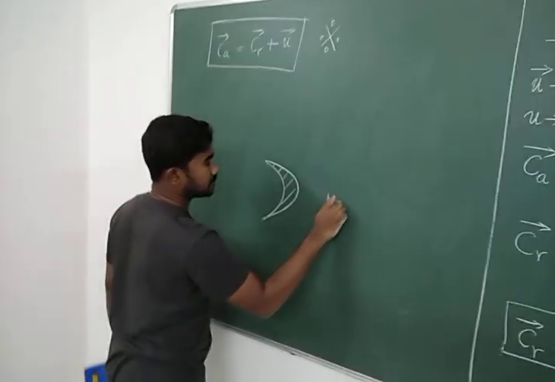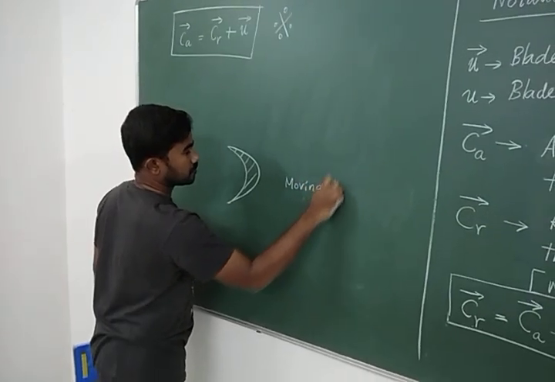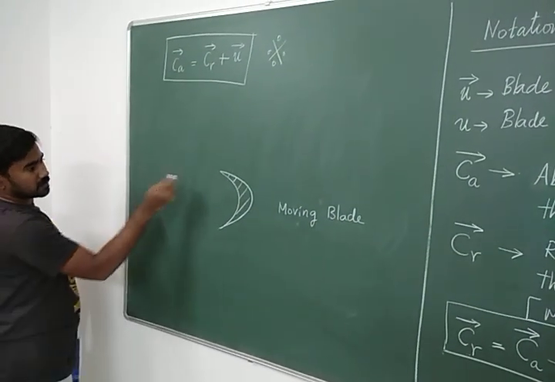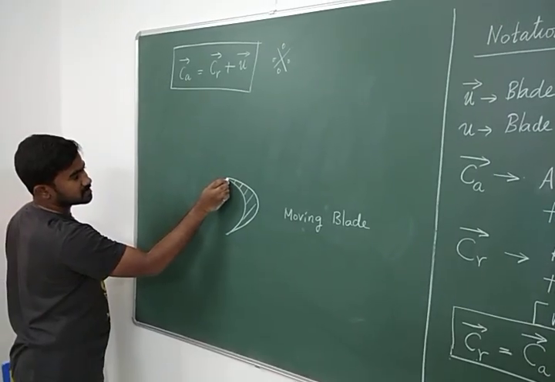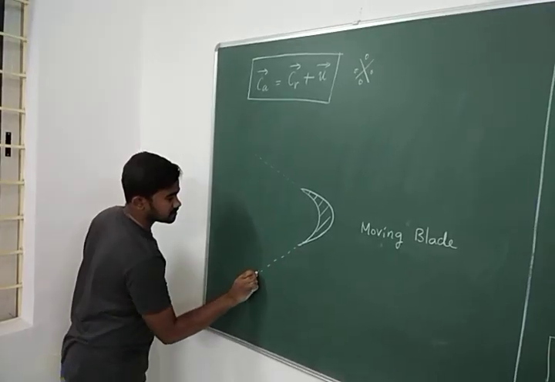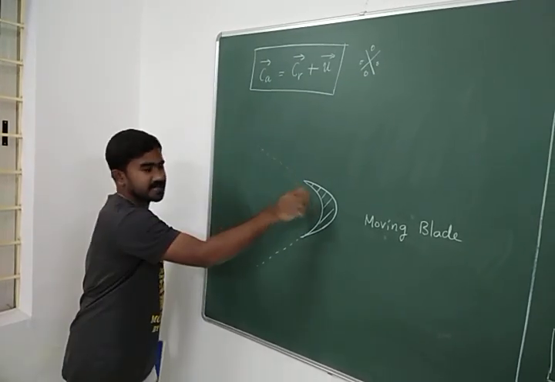This is the moving blade or the rotor. Now, if I draw a tangent to this, this is the direction of relative velocity.